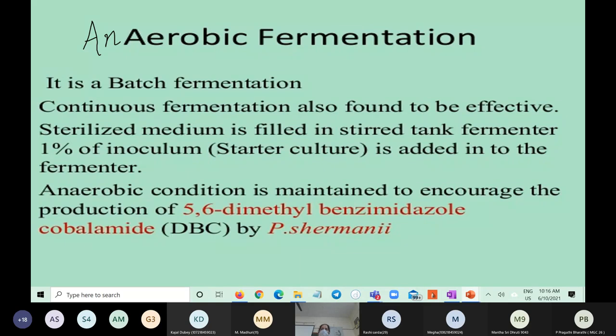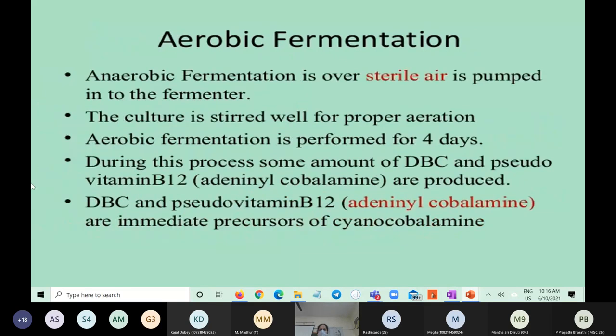Once this is done for 2-3 days, sterile air is pumped into the fermenter. The culture is stirred well for proper aeration. It is aerobic fermentation now, and this will be for 4 days. In the anaerobic fermentation, DBC has formed.